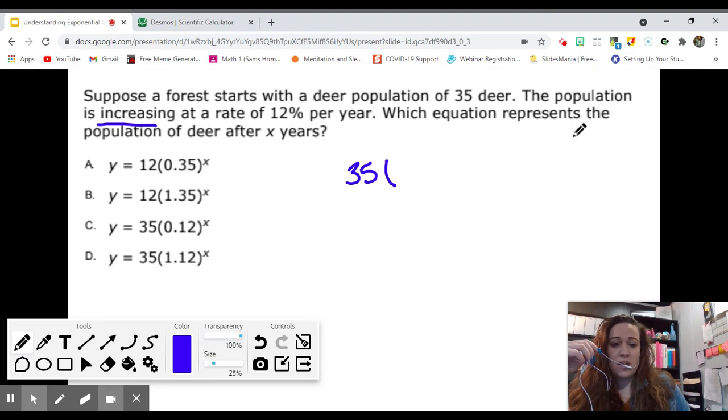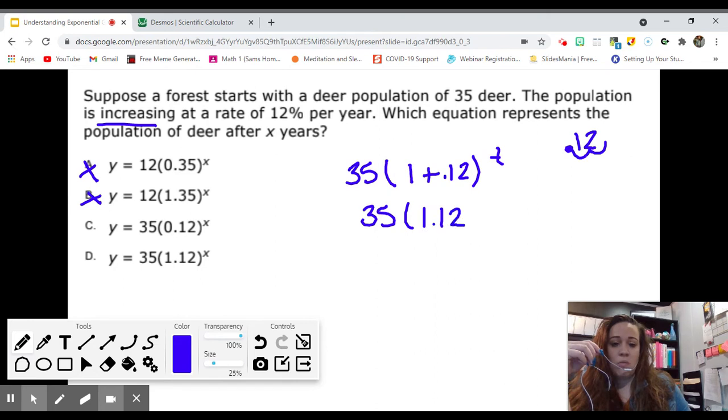At 12%, so 12% needs to be changed to a decimal by taking it back 2 decimal places, dividing by 100. So we have 1 plus 0.12 to the T power. So 35 was my initial value, so it's what goes out in front. A and B put the percentage out front, so that is incorrect. And 1 plus 0.12 is 1.12 to the T power.